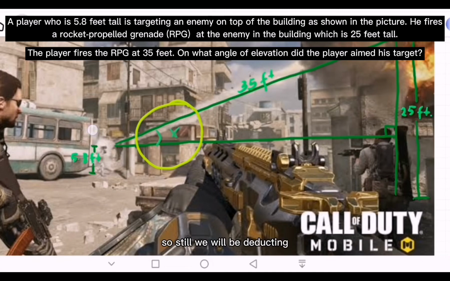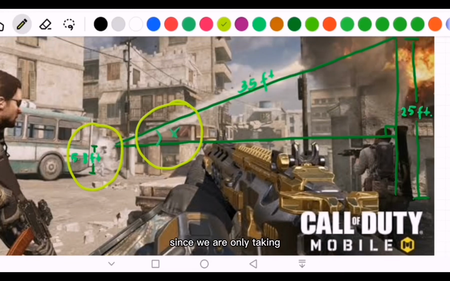So we'll be deducting 5.8 feet from the 25 feet height of the building because we are considering the relevance of the height of the player to the height of the building. We're only taking the normal line of sight of the player, which creates a horizontal line that is also perpendicular to the height of the building.